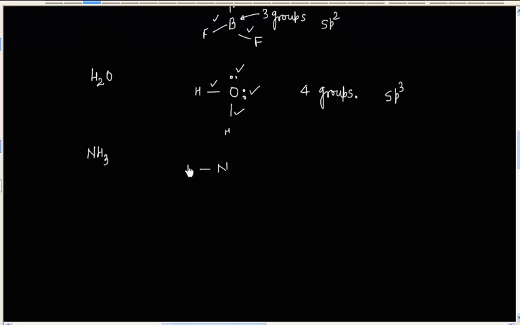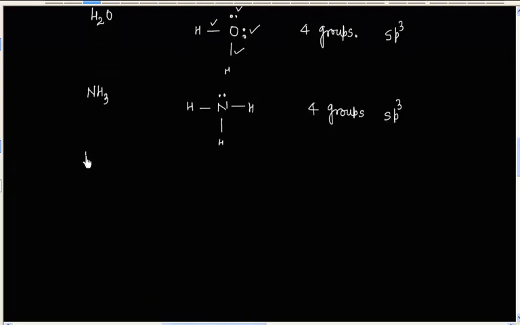So hybridization is sp3. Let us say NH3. Once again we have the Lewis dot structure. Now we have 1, 2, 3, 4 groups. So hybridization is sp3. Let us say PCl5. So we have 1, 2, 3, 4, 5 groups.